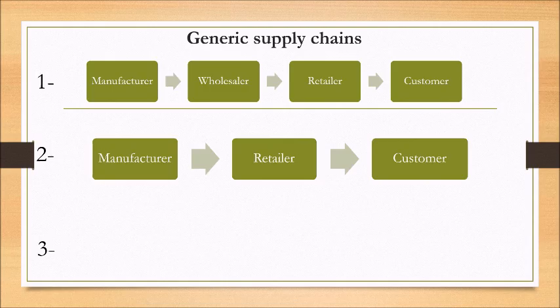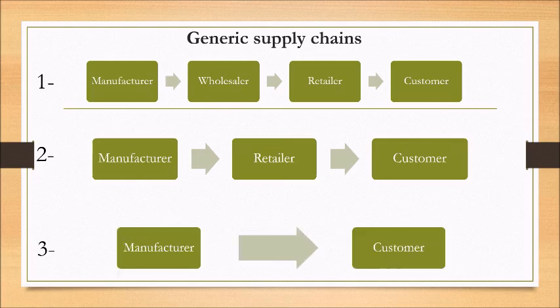But the medium size bakeries, they manufacture the bakery goods and directly sell it to the retailer, and from the retailer the customers buy their bakery products. And the very small bakery shops, the standalone bakery shops, they just manufacture the bakery goods and sell on the counter directly.